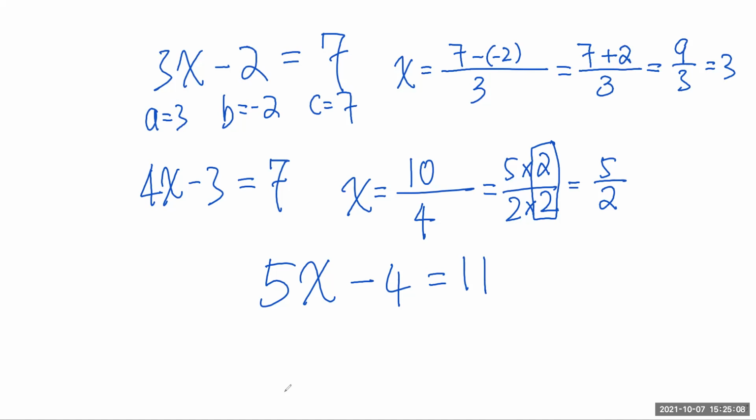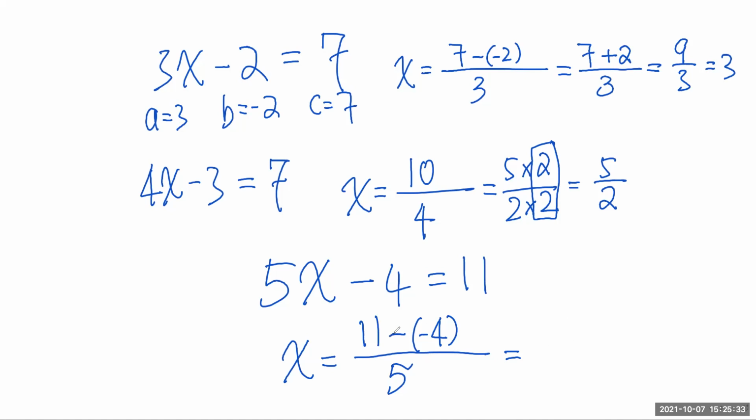Not too sure how to simplify this one. Well, if you got 13 over 5, you cannot simplify it, but it's not 13 over 5, because it's 11 minus negative 4. What's 11 minus negative 4? That's 7.